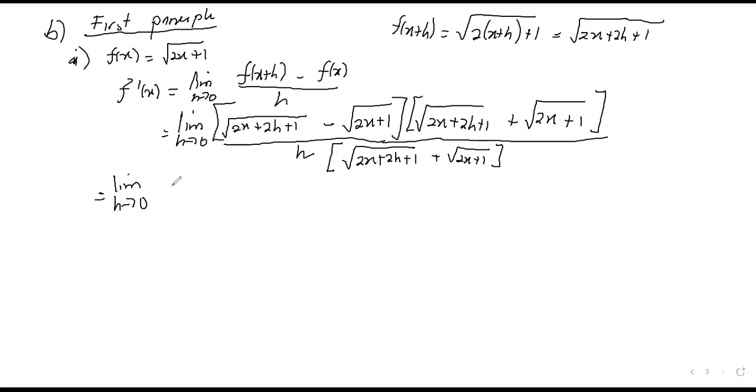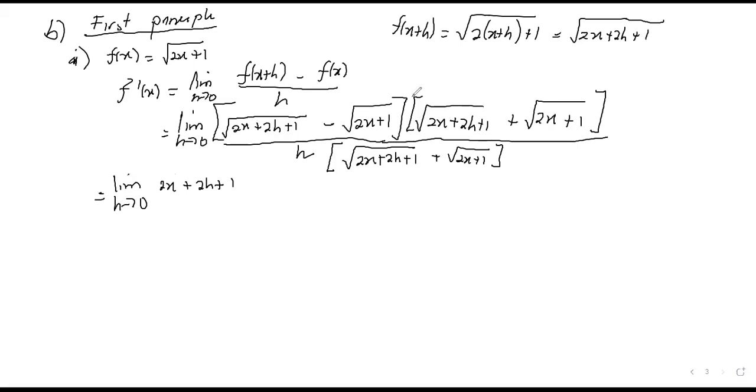By this time, we already know the results of rationalization. When you multiply the first by the first, we remain with 2x plus 2h plus 1. The middle parts, when you multiply the first by the last and the second by the first, we know those will cancel each other.